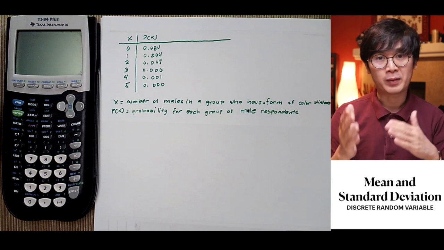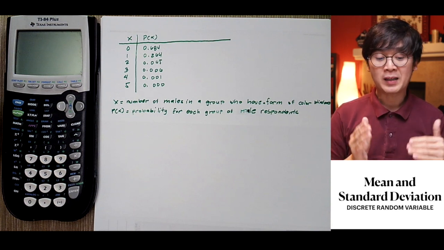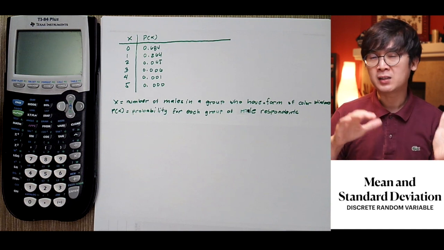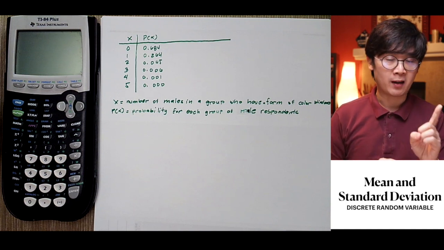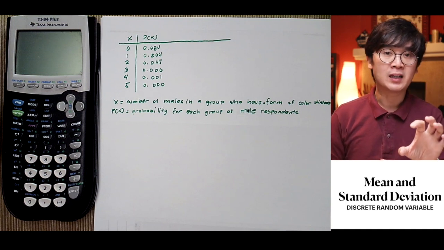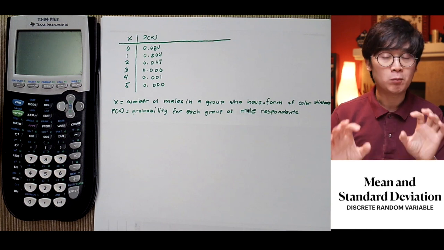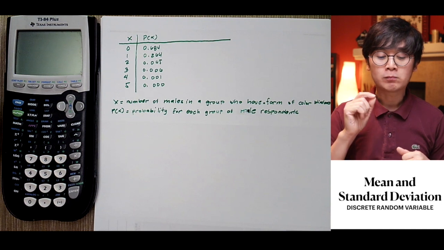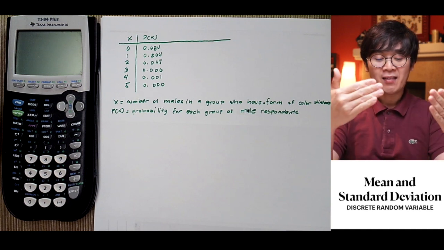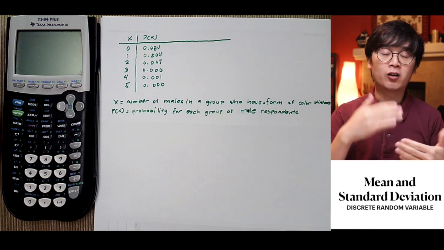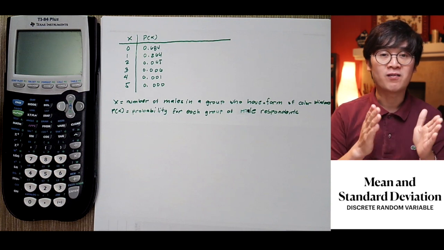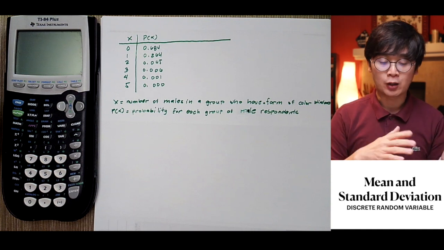That's why we have p of 0. And if we have p of 1, that means in that particular group there is one male, and the probability that that male has some sort of color blindness is 26.4%. And that is how you should read each of these individual values in your table.